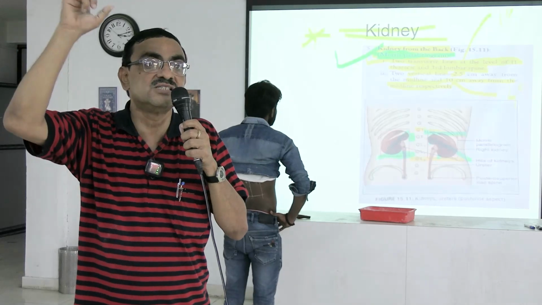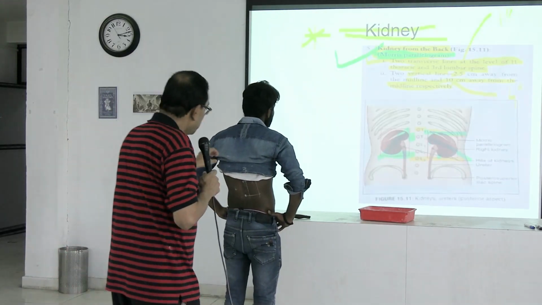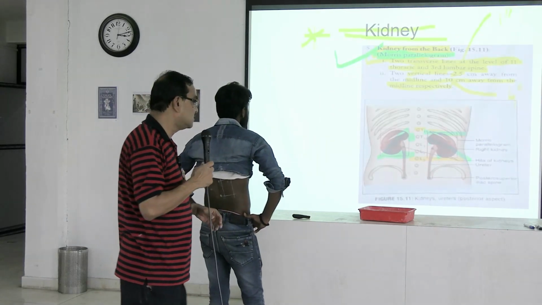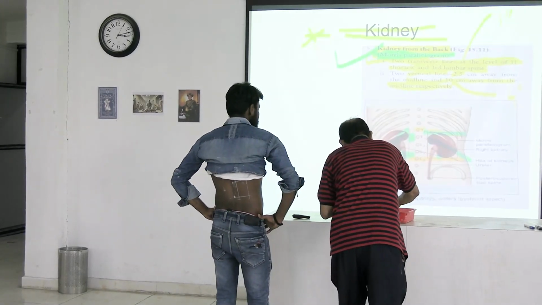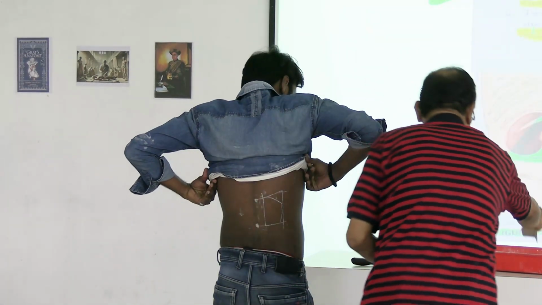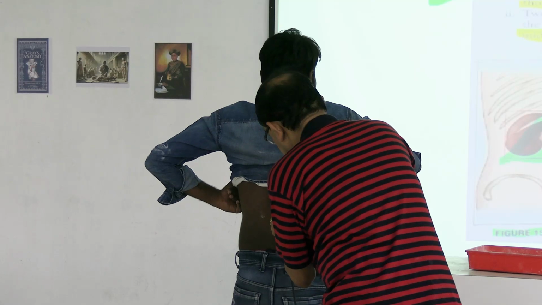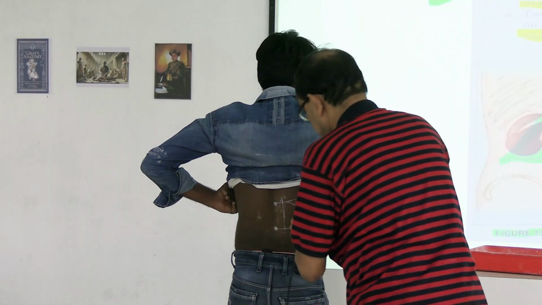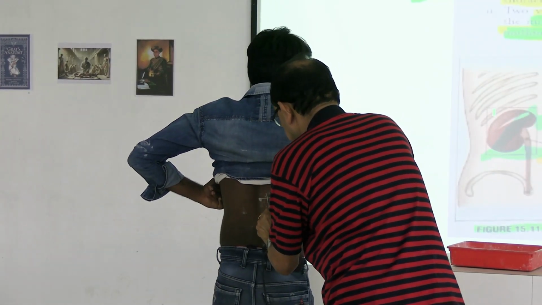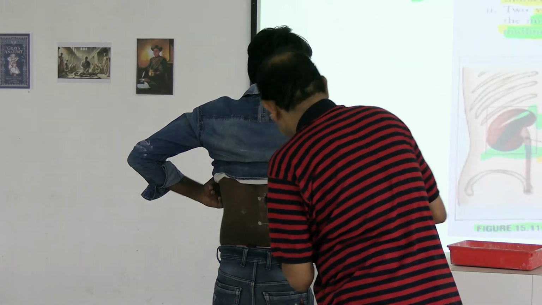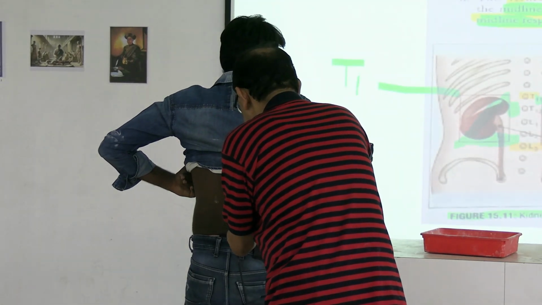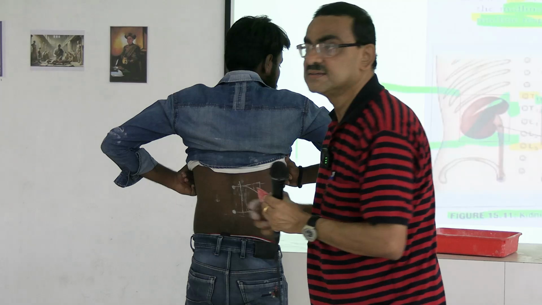The kidney from the back is drawn inside this Morris parallelogram. Here you can draw it, like this.